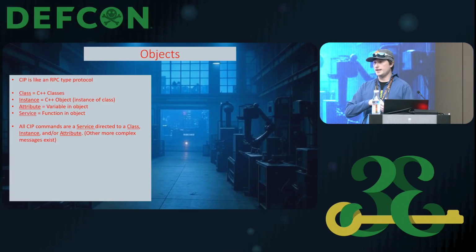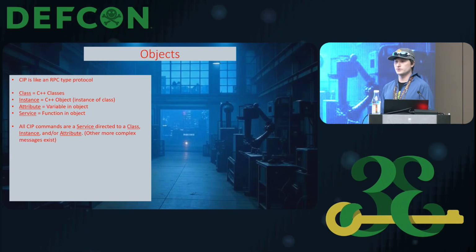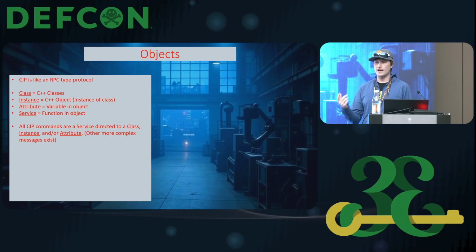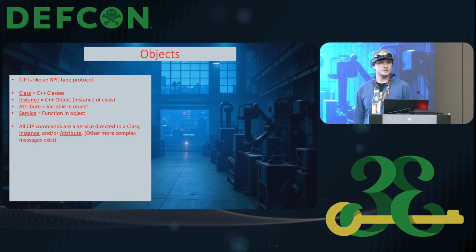When you send a CIP request, if I'm telling a device, hey, I want you to go turn this pump on, or I want you to energize 24 volts out to some device in the field, you do that with a CIP command that consists of what service you want to run, what class you're running it on, what instance you're executing that service actually against, and then sometimes what attribute that service is going to operate on. Maybe you're setting the value of a variable within that object.